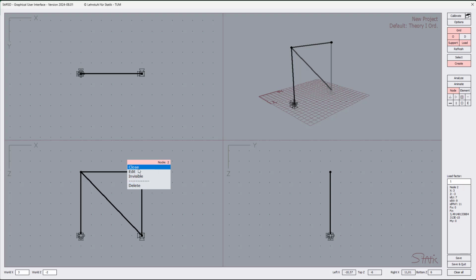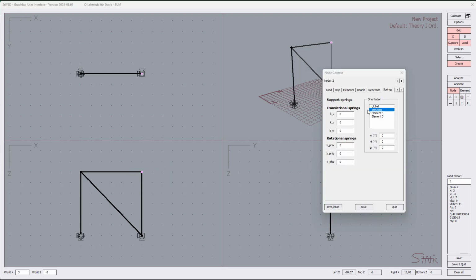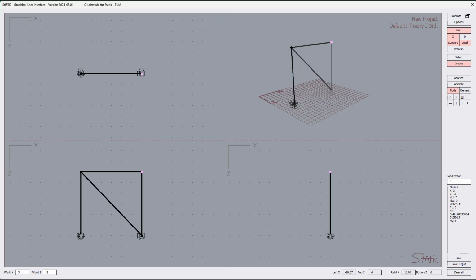We can close this menu again. We can edit the node if we like to. Then we go back to our node context menu, or we can make it invisible, which is not possible if the adjacent elements are visible. Or we can delete the node, which is only possible if this node is free. This node is not free because it's attached to the neighboring elements, so it's not possible to delete it. So that would be the case with this drop-down menu.